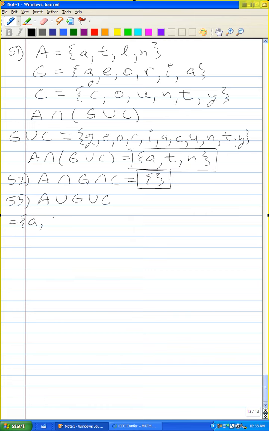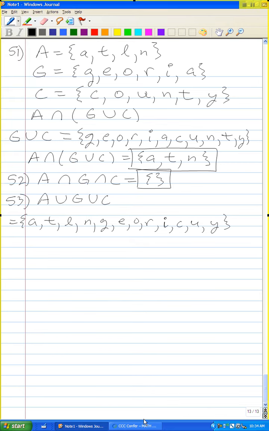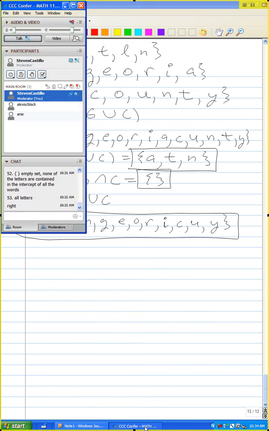A, T, L, N, G, E, O, R, I, A, C, O, U, N, T, Y. All the letters in any of the sets, but not all the letters in the alphabet. There are a few that are missing.